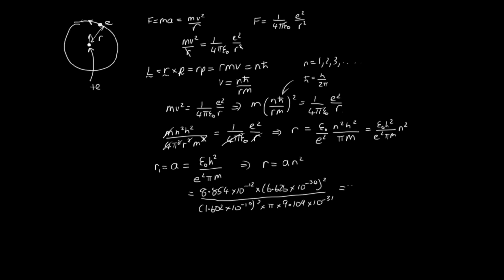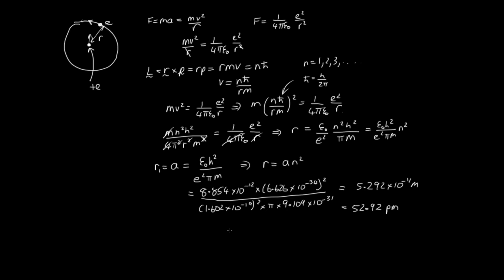Solving this, we end up with 5.292 times 10 to the minus 11 meters, or we can write it as 52.92 picometers. So this gives us the radius of the smallest orbit.